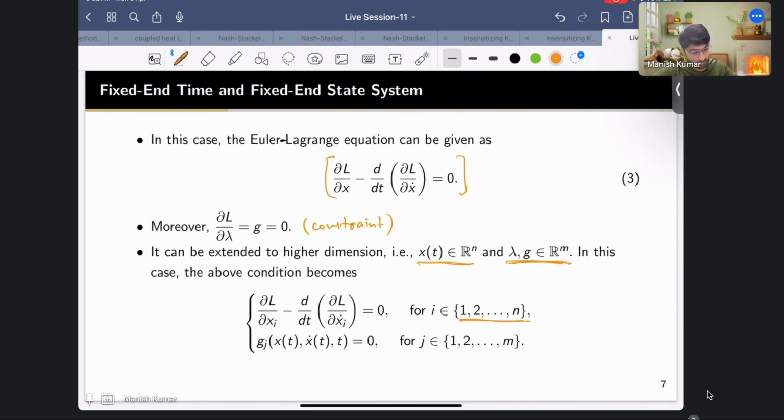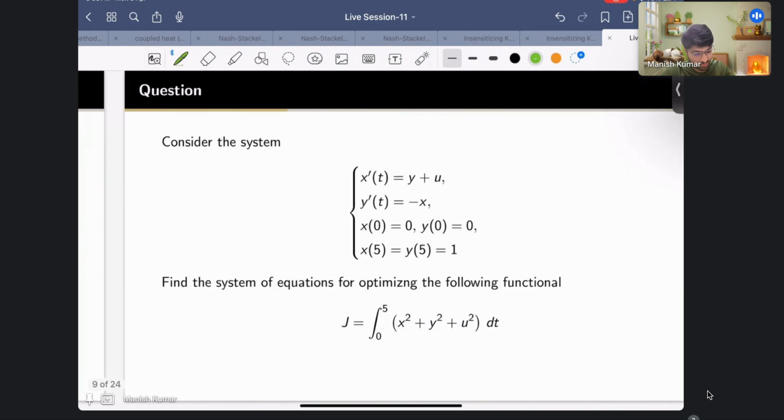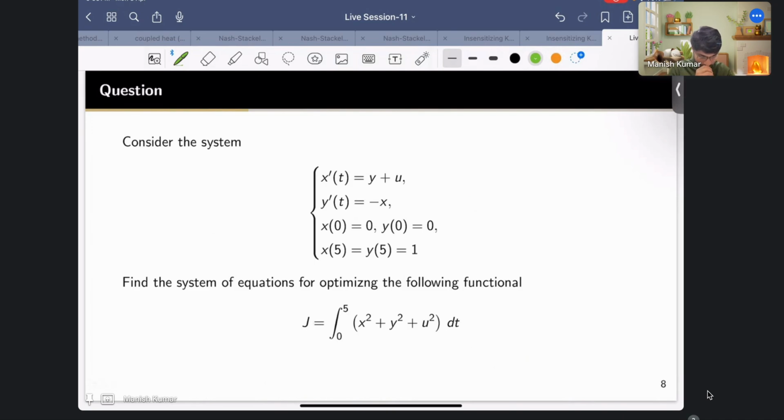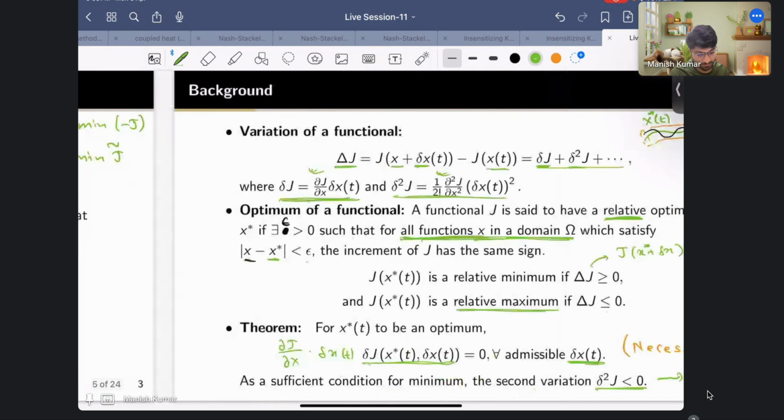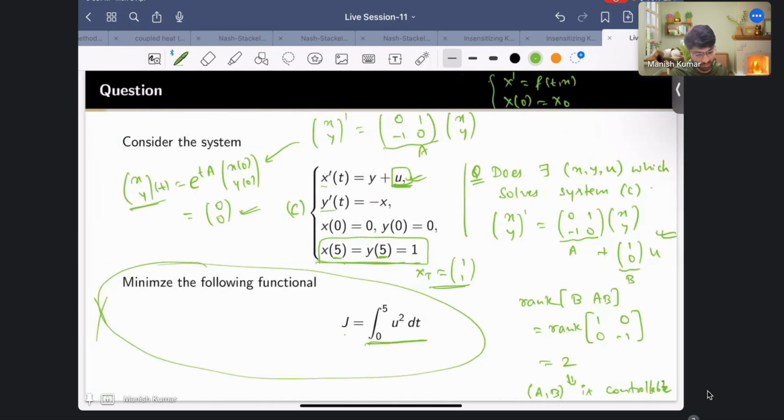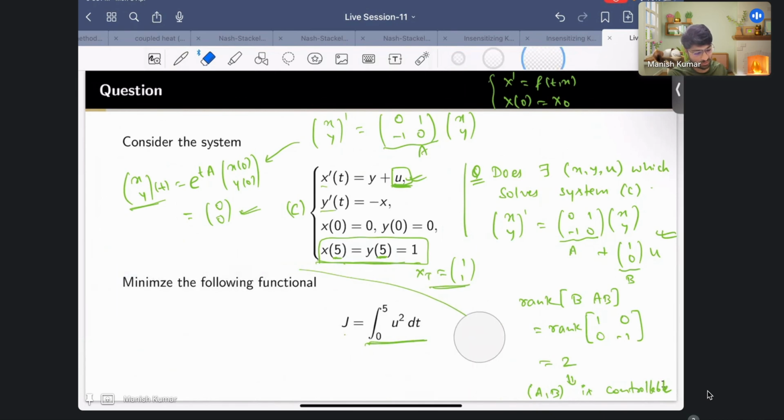Now let us look at a few examples. I am picking the same example that I introduced in the very first slide, but now instead of having this functional, where the goal was to find the control which has minimum L2 norm, we'll look at a different functional.